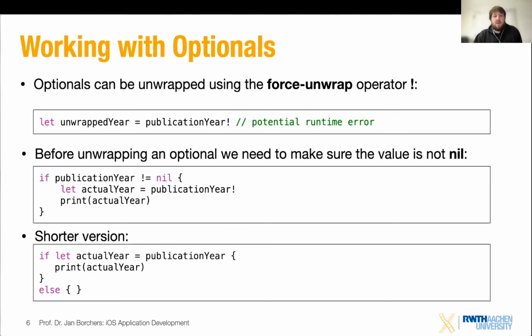So with the let actual year equals the publication year, you're essentially trying to assign the optional to that new constant. And if that's possible, it will assign and go into the first bracket where I can print out the actual year. Here, actual year will be of the type Int, so of the type that is enclosed in the optional. Or you can react to the other case in the else brackets. That will be the case where the publication year is set to nil.